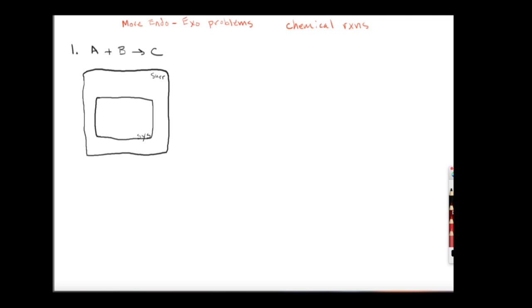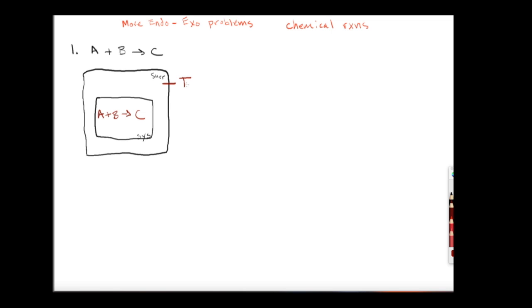What we've been directed to understand is that when we react this A plus B to make C, the temperature goes down. The author of this question really didn't stipulate too much, and I think it would be fairly easy to get confused here, so I'm going to be really explicit.